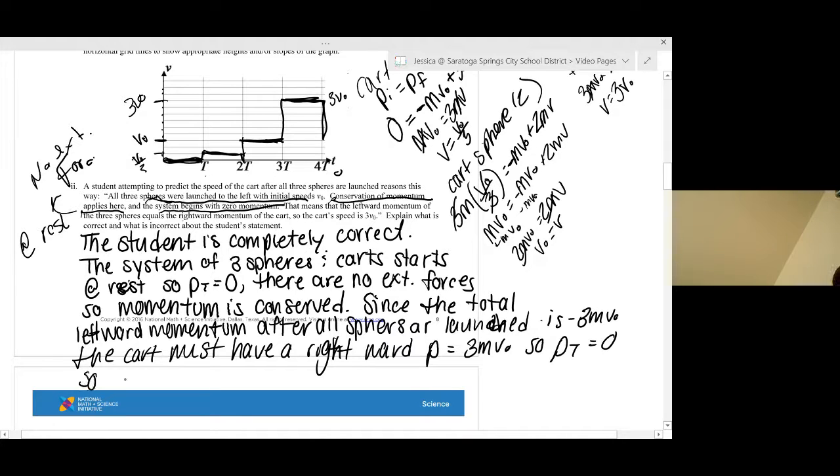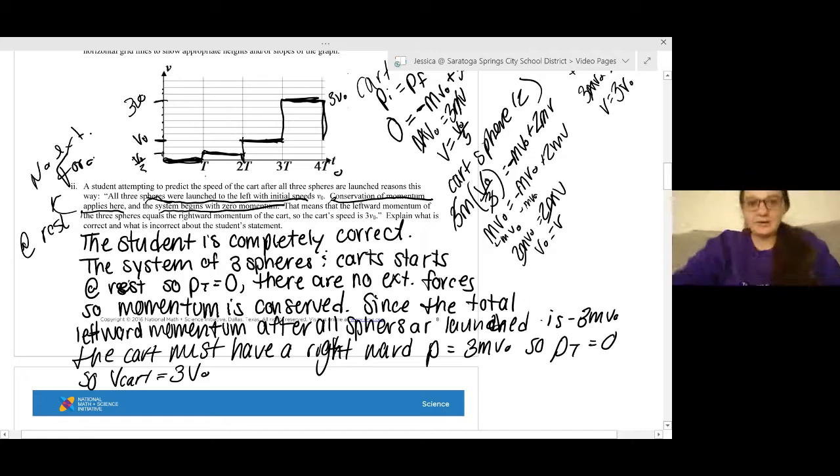So velocity of the cart is 3v0. So you're just explaining why what the student said is correct.